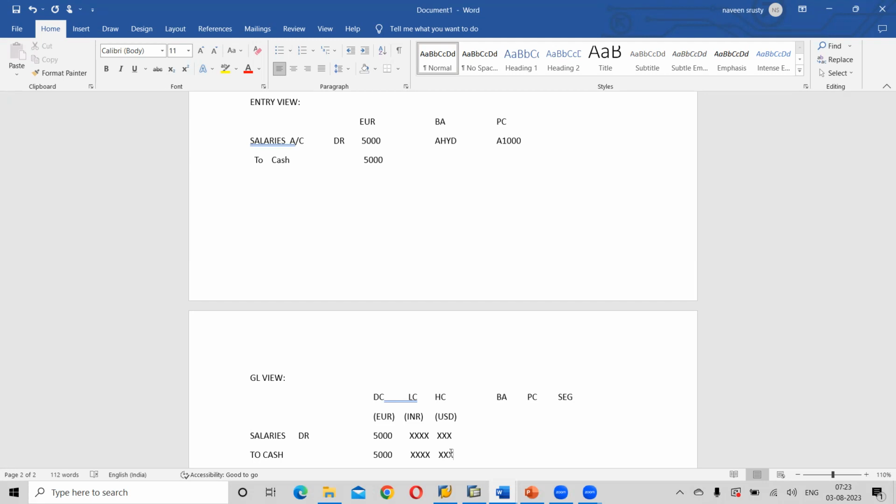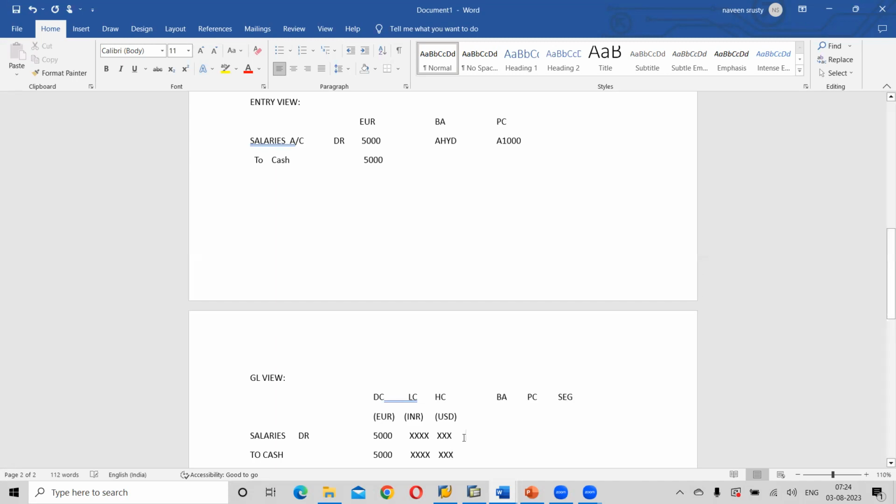An ABAPer will write a program which connects the SAP server with foreign currency websites, whichever is the most popular and has accurate foreign currency valuation. That website link will be connected to the SAP servers. But here we don't have it live, so manually we will do it. I'll show you how we need to do it manually.